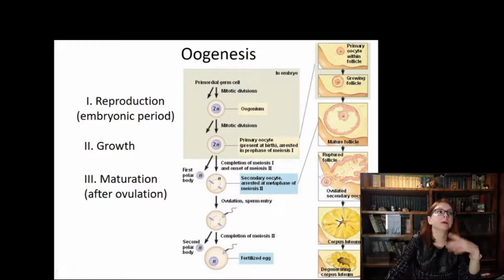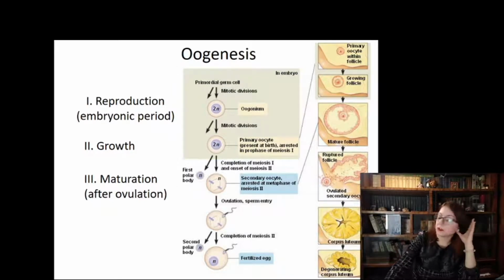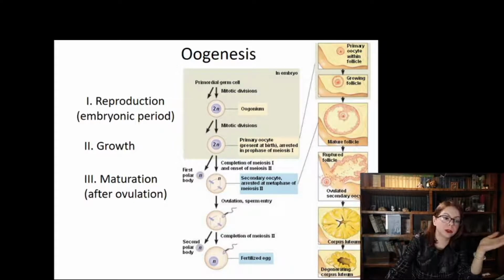Growth occurs just after the puberty, when they start to enlarge, and before the puberty they are arrested in the prophase of the first meiosis. And in this phase they all are frozen till the end of the life, till the end of the reproductive period.